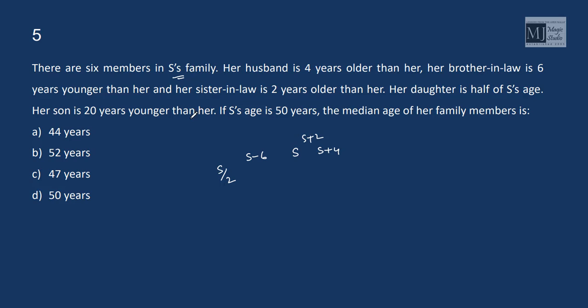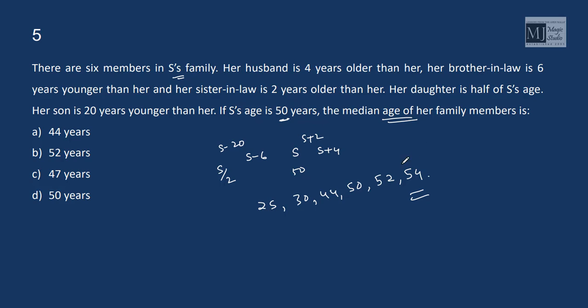Her son is 20 years younger, S minus 20. And S's age is 50. So S minus 20 is 30, S by 2 is 25. Then S minus 6 is 44, 50, 52 and 54. These are the 6 members.